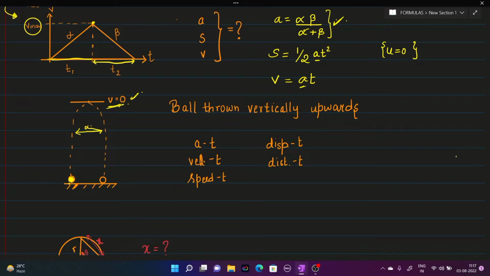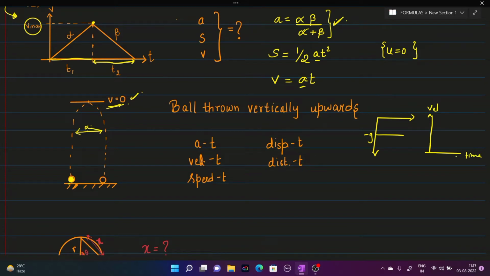Okay, first is acceleration versus time graph. Here also, as acceleration is said to be negative, so here negative. Okay, negative g. Now for velocity versus time graph. Okay, velocity versus time.